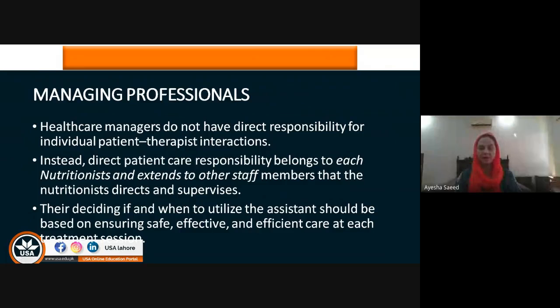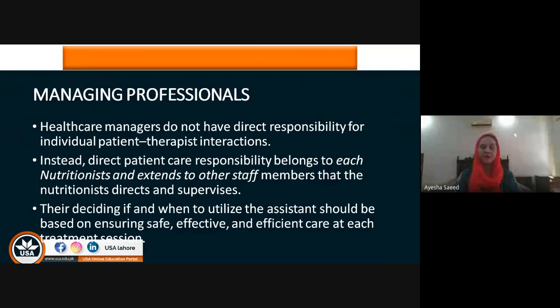So direct patient care is responsibility of the team, of the nutritionist, the assistant nutritionist, of the kitchen department and their employees, and the people who are analyzing their health status and are responsible for their dietary interventions.